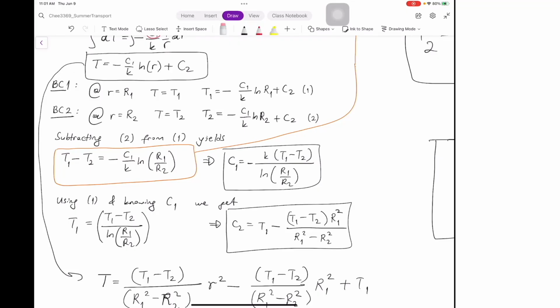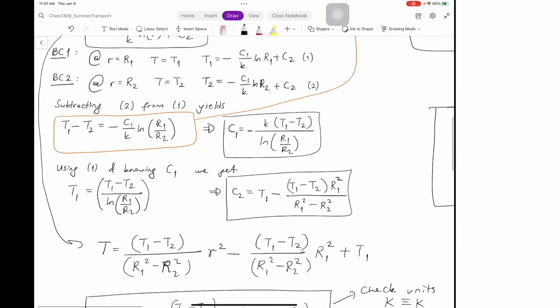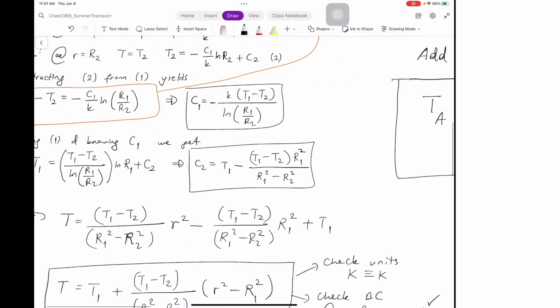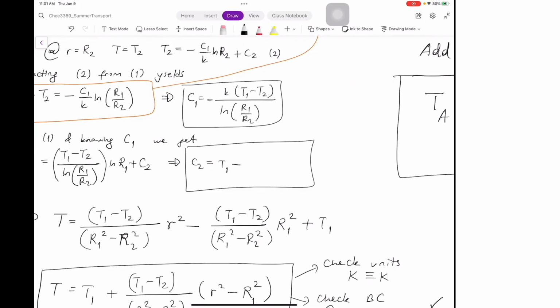Okay, there you go. And then now we have logarithm of R1 plus C2, correct? And then C2 comes out to be T1 minus... Yep.